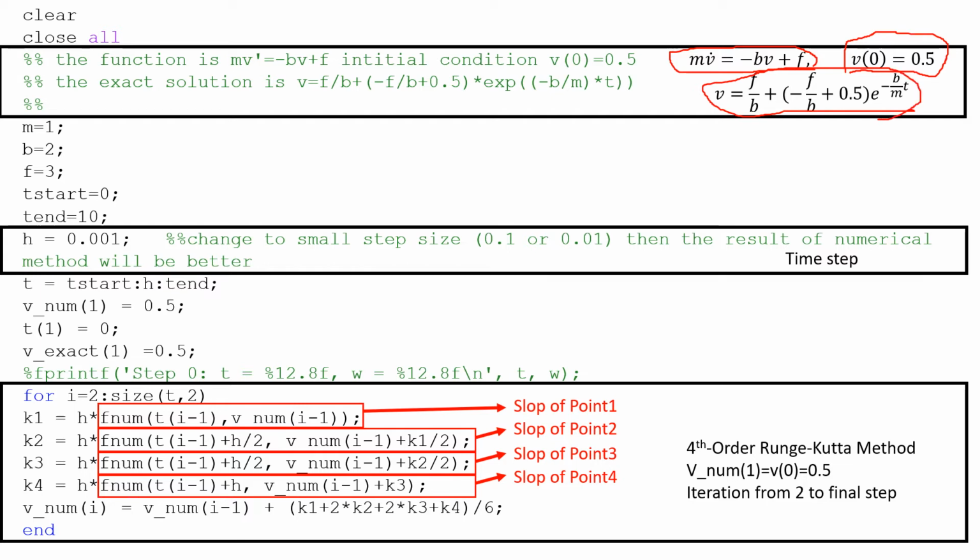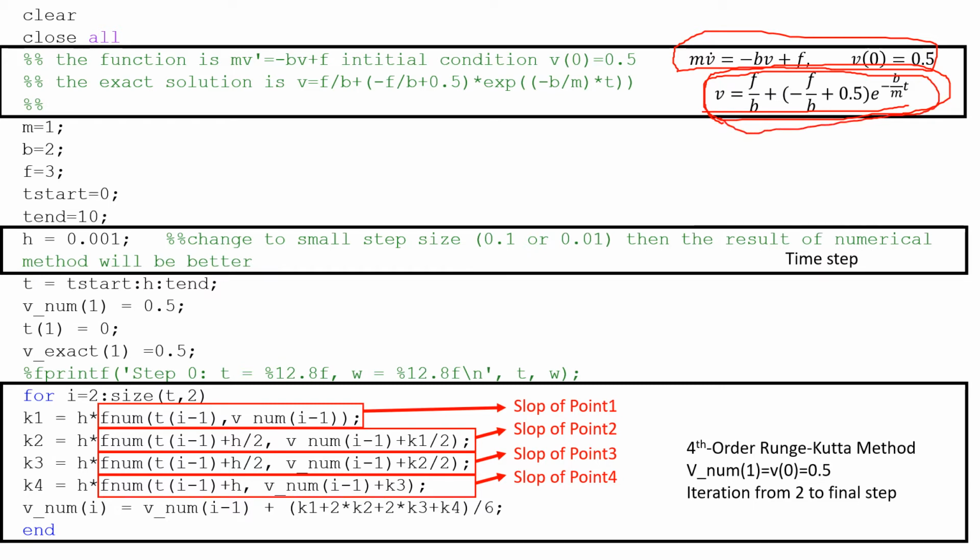You can try to derive the solution by yourself, but I will tell you the solution will be this one. This is the actual solution, and we only have these two things, the governing equation and also the initial value. How do we use the Runge Kutta to approximate this analytical solution? It is our aim to do.